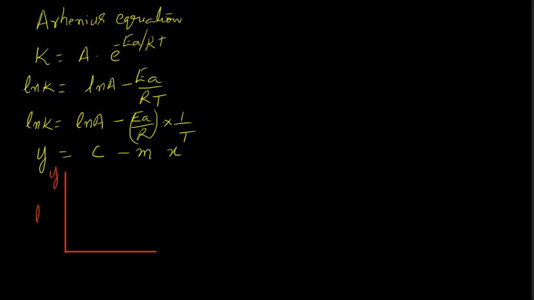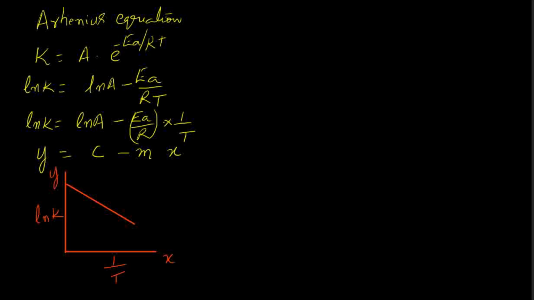On the y-axis is ln k and on the x-axis is 1 by T, and the slope is negative, so that's why it is a negative slope.